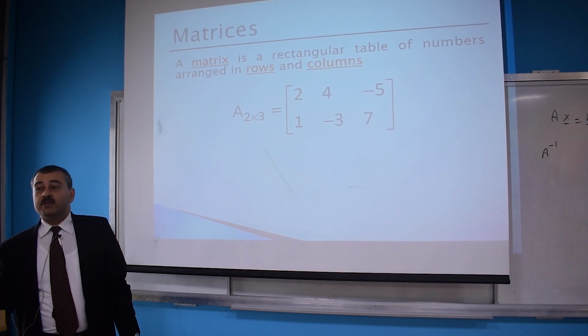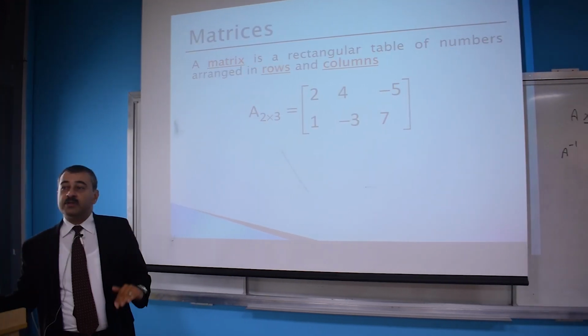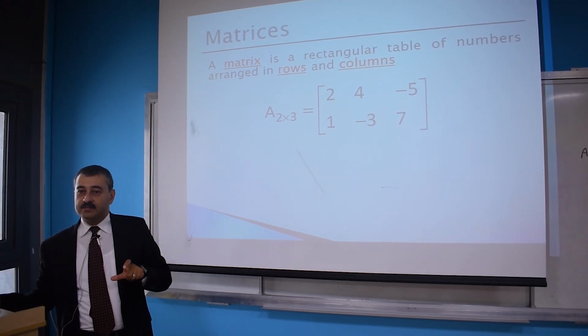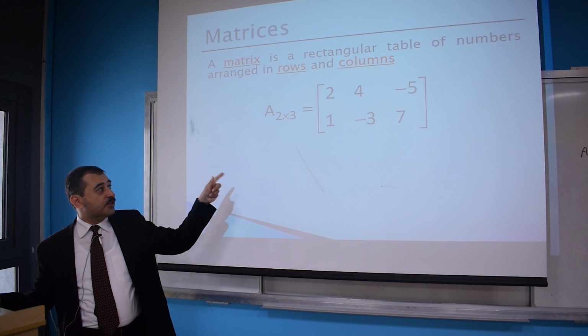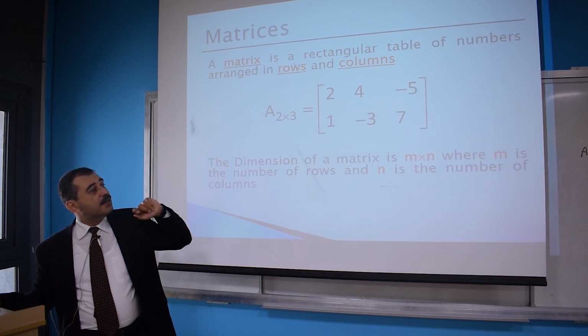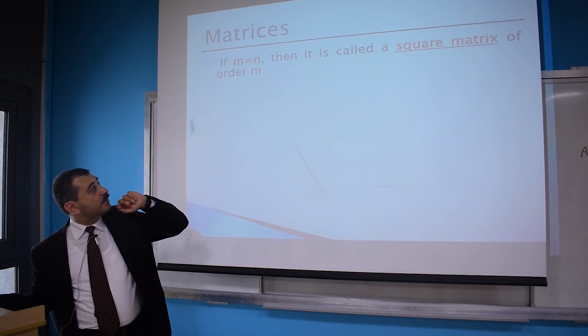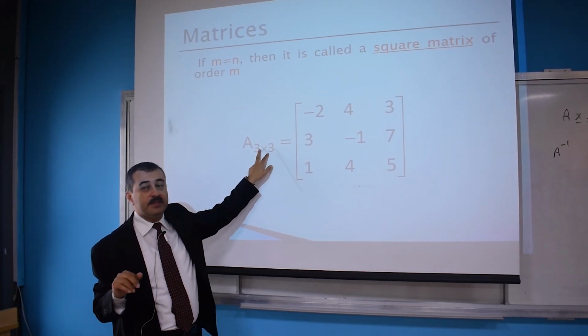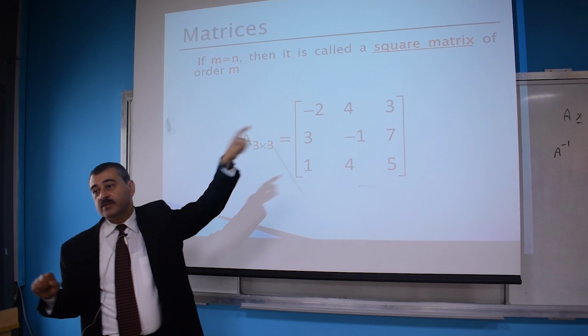If the number of columns equals the number of rows of a matrix, we call this matrix a square matrix. Okay? So this is a general rectangular matrix, and if you have m equal n, the 2 numbers are equal here, so we call it a square matrix.